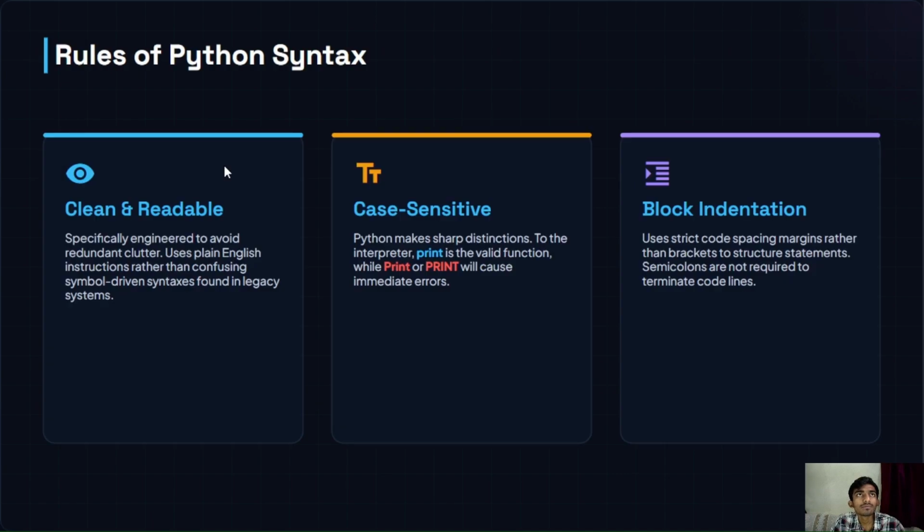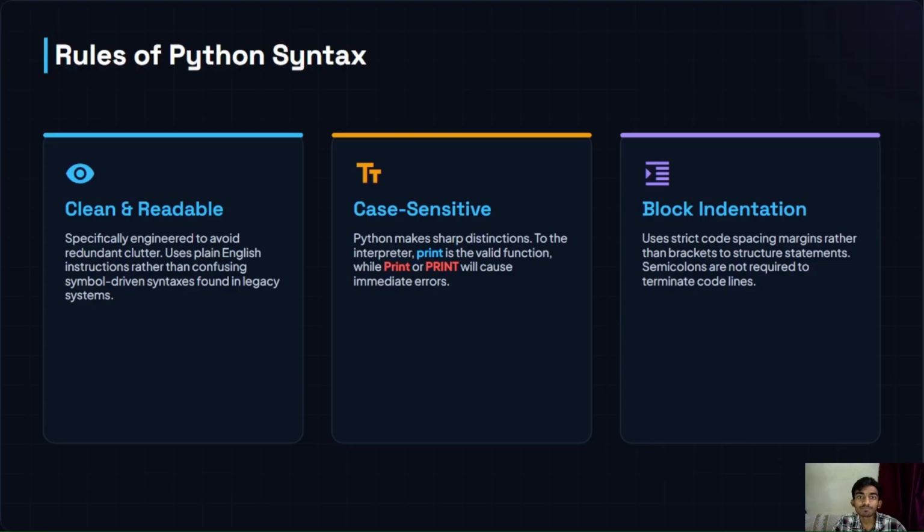Now, let's look at some basic syntax rules in Python. The first rule in Python is that it is case sensitive. This means uppercase and lowercase letters are treated differently.